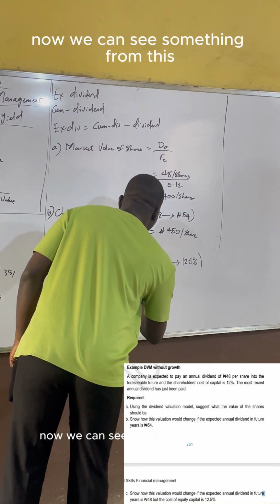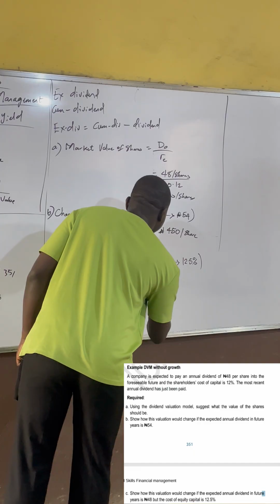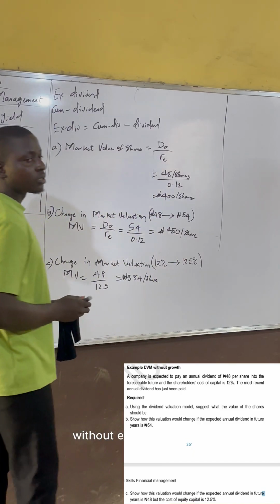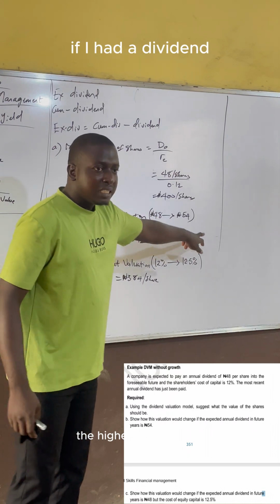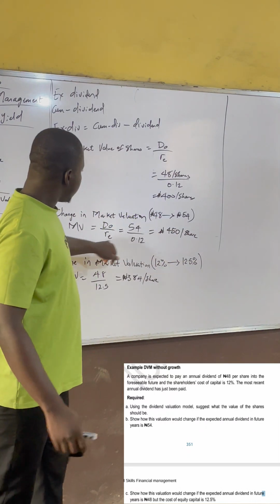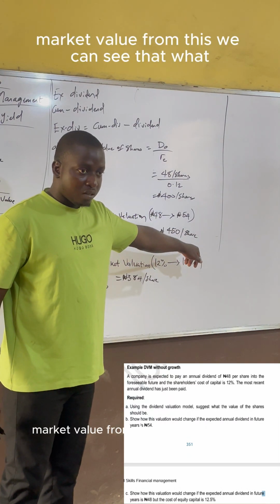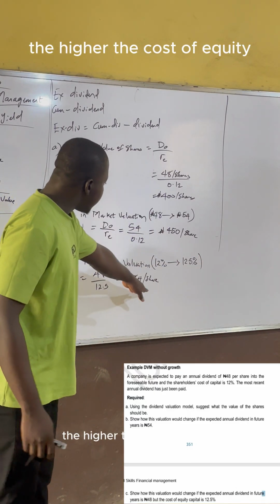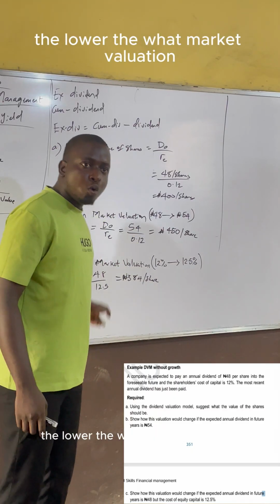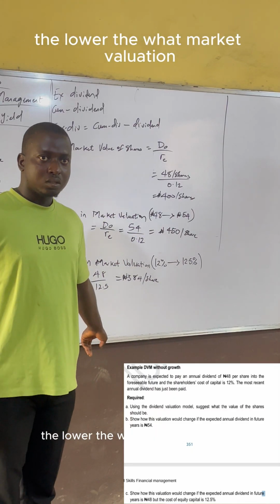Now, we can see something from this without even being asked: the higher the dividend, the higher the market value. From this too, we can see that the higher the cost of equity, the lower the market valuation.